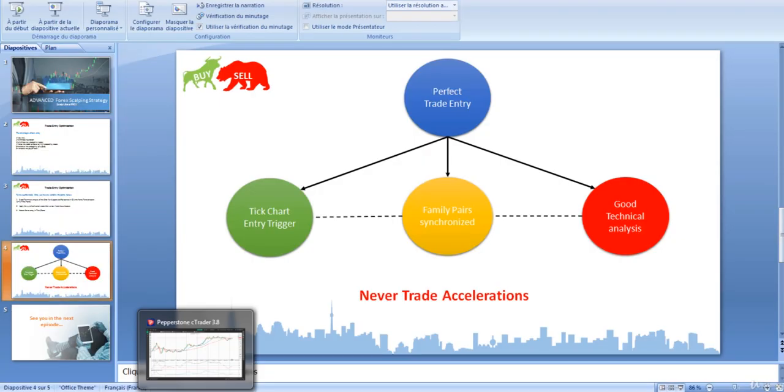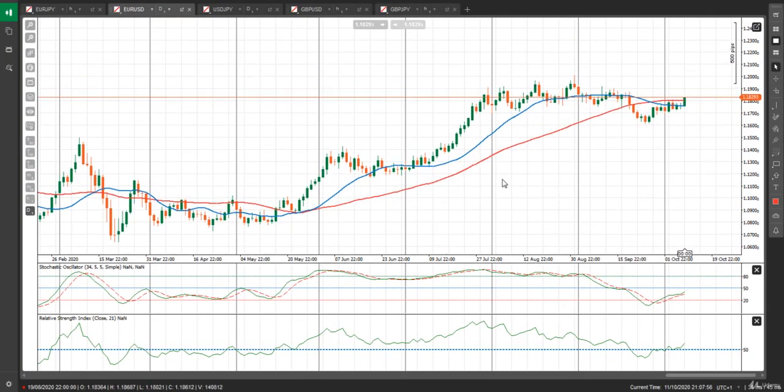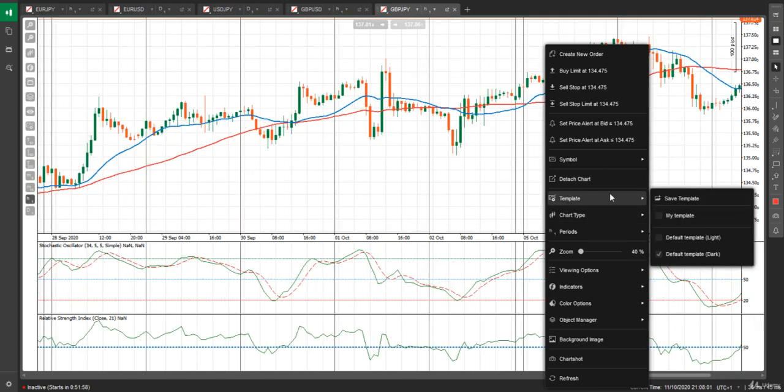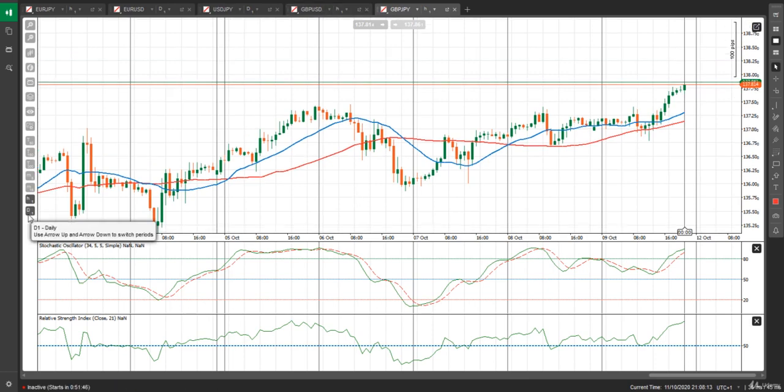I will explain to you how to optimize your trade entry. A naked chart here, with just indicators. I will try to analyze it very quick. I will analyze the GBP family. See you when I finish.